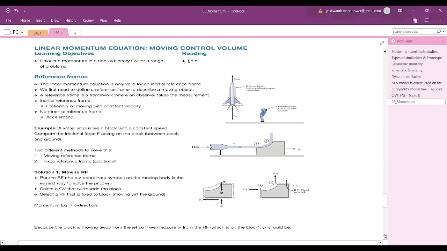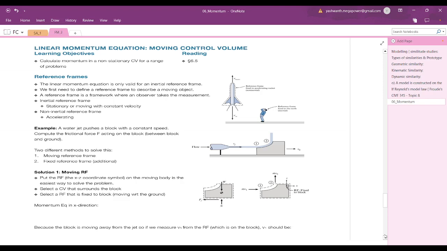So next here is moving control volume. This is the correct scenario for moving control volumes. Now in this moving control volume, we'll discuss the calculation of the momentum in a non-stationary control volume for a range of problems. As the control volume is moving, we need to take reference frames.